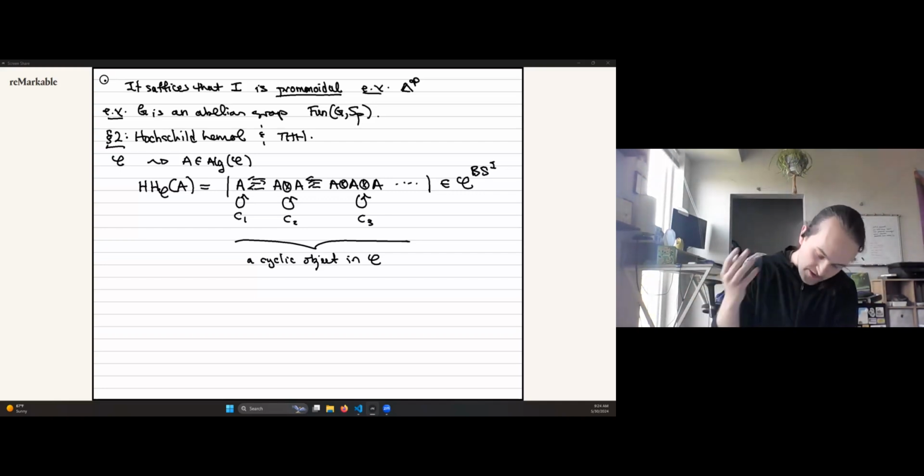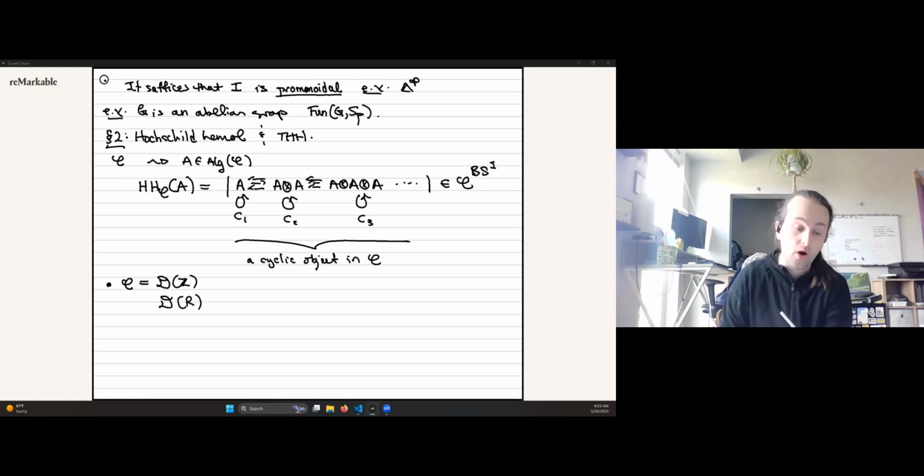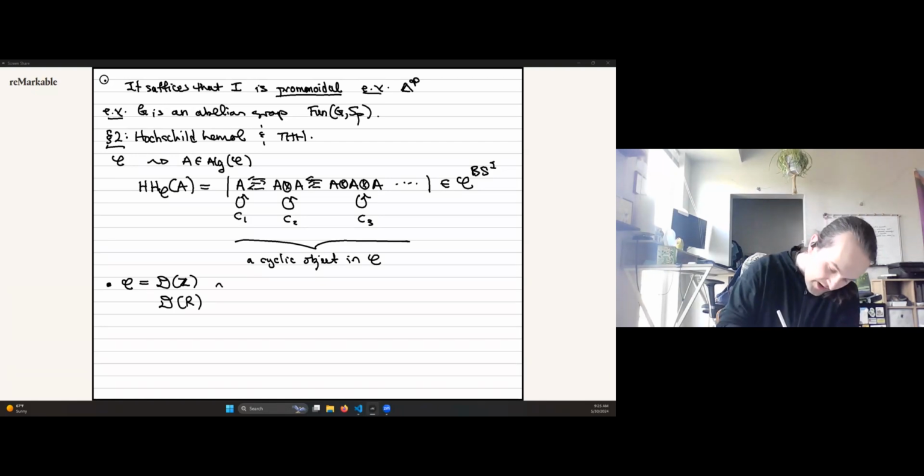And so maybe just to give a couple of examples where the category C varies, if C is equal to the derived category of the integers, or more generally, the derived category of some commutative ring R, then this gives rise to the classical, quote unquote, theory of Hochschild homology.